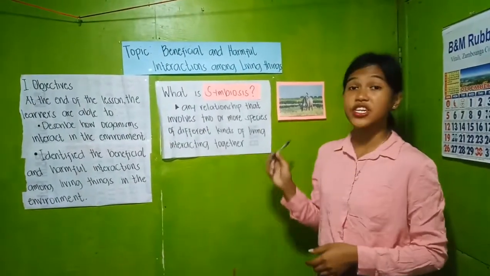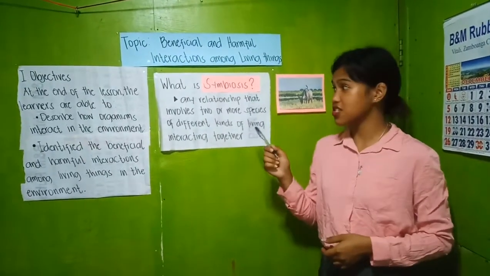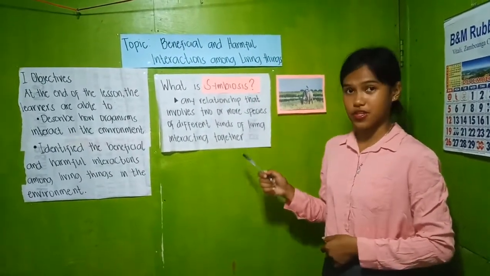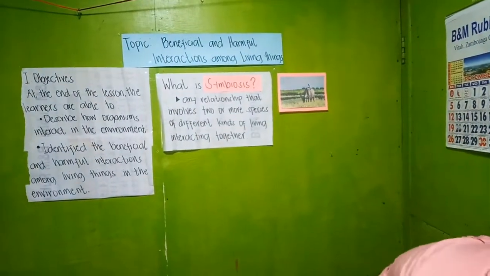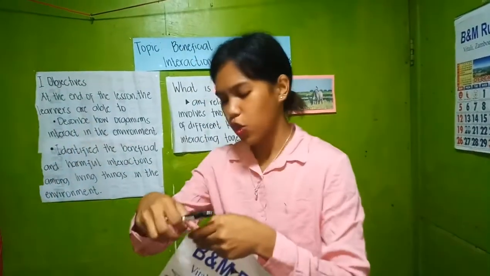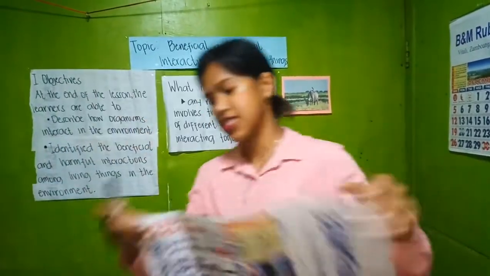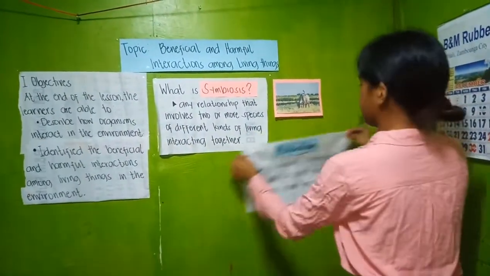I already posted here the meaning of symbiosis, and we need to discuss further the different types of it. The first one is mutualism. What is the meaning of mutualism, class?